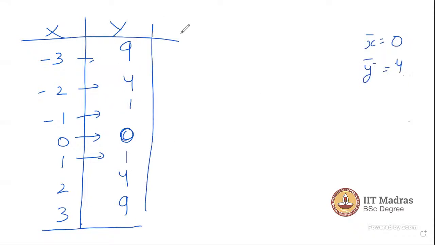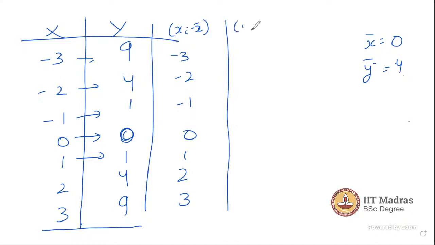Then just calculate xi minus x bar. It will be -3, -2, -1, 0, 1, 2, 3. Same for yi minus y bar: 5, 0, -3, -4, -4.